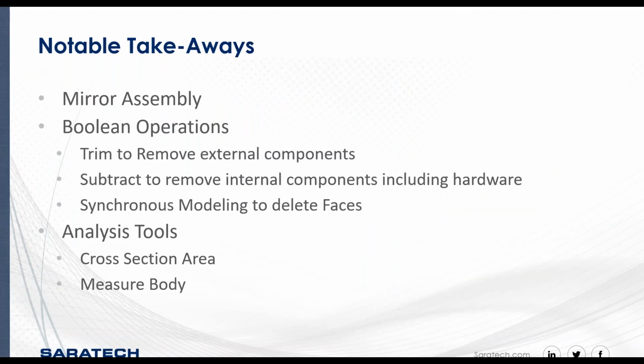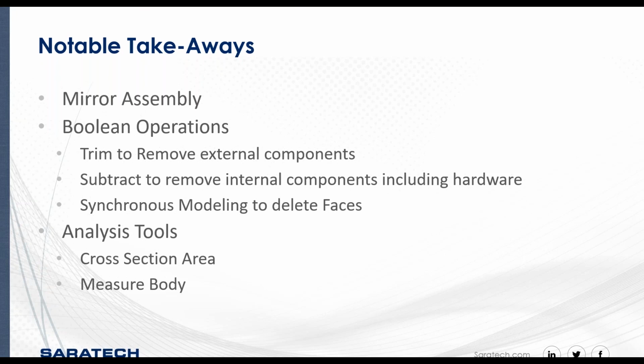All right, so a couple key takeaways here is we first started off with defining our IML of the volume we want to capture for that stabilizer assembly. And so that was done using a mirror assembly feature. So we created a new part using a linked mirror geometry feature.